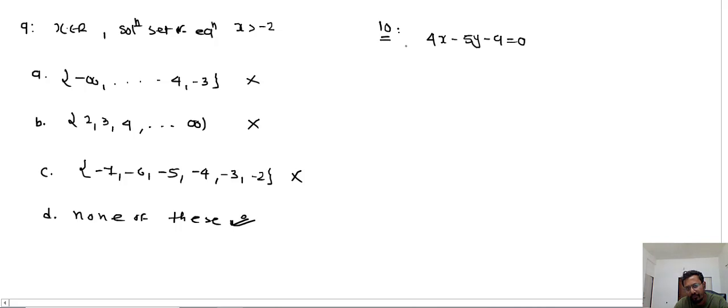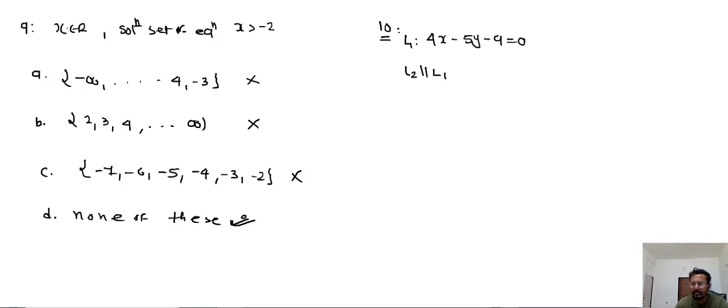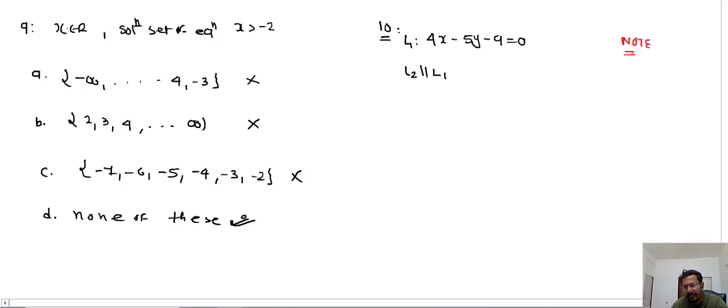Before we discuss this, let's briefly look at the slope and the relation between two lines. How do we find the slope of any line? The standard equation of a line is ax plus by plus c, and from the standard equation, the slope m is equal to minus a by b.